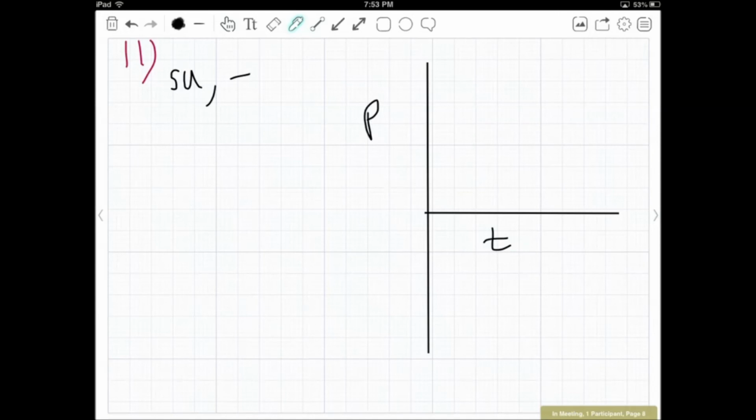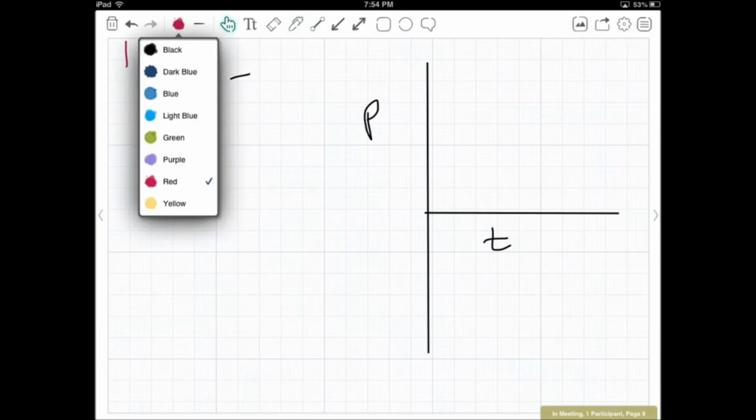So in order for our object to move in the negative direction, it has to point like that. Remember, we have to have negative slopes. So wherever I draw it, it has to point down. Otherwise, I'm not going to get an object moving to the left in the negative direction.